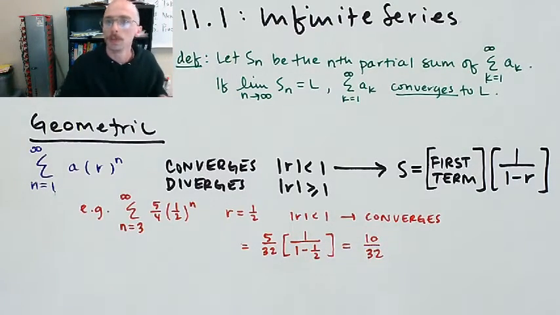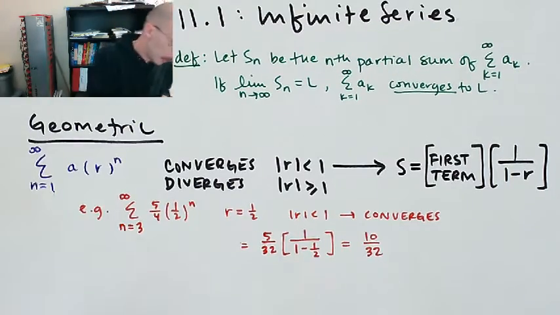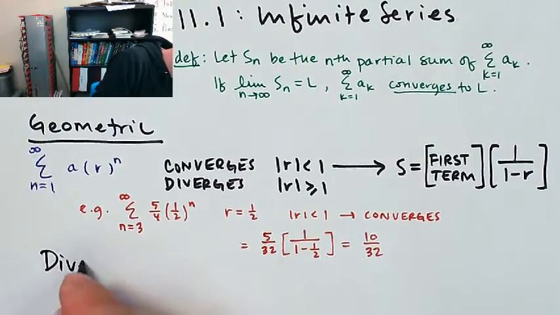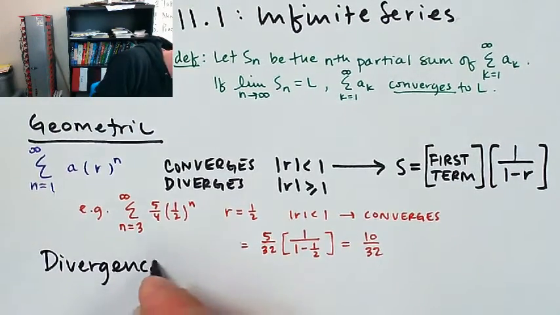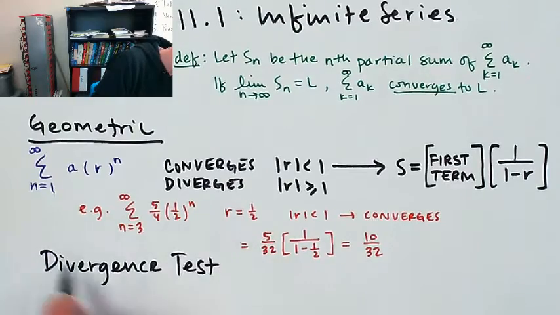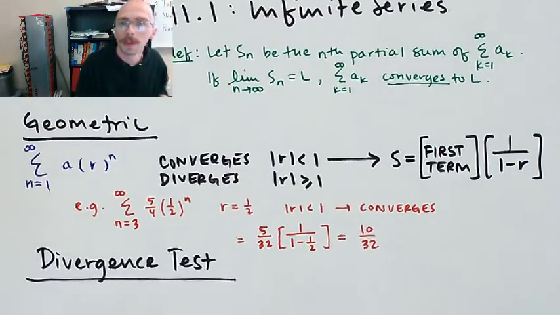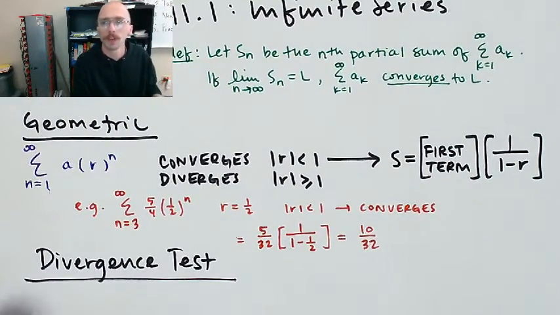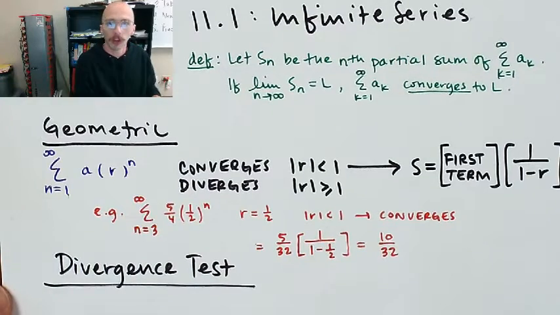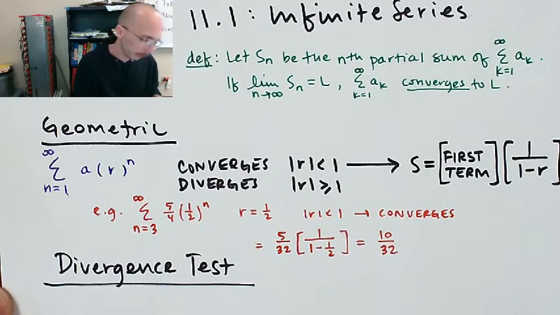Okay, I also need to remind you about the divergence test. The divergence test is that if the limit of the terms of a series is not 0, that series is for sure diverging.